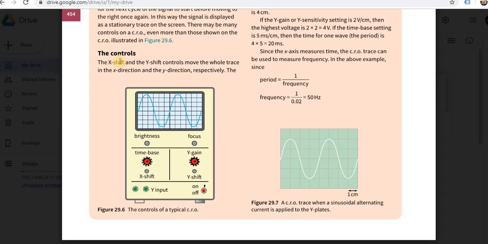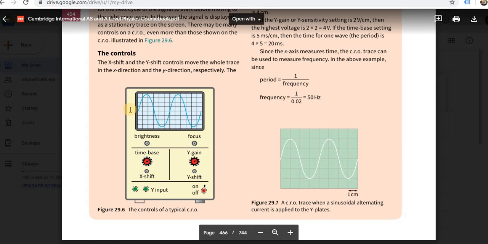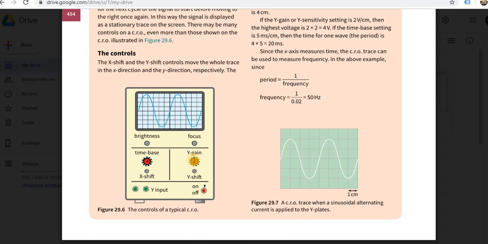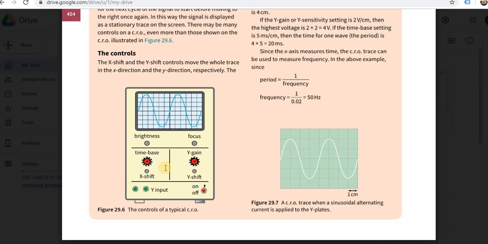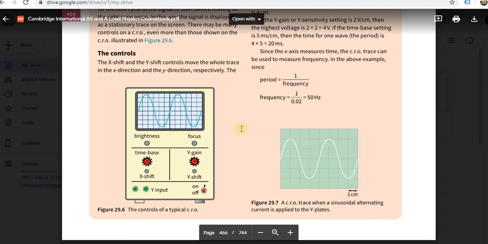See the controls, that's what you need to know basically, this one and this one. You can also download apps for the cathode ray oscilloscope to your Android or iPhone, and start using them so that you get familiar with the cathode ray oscilloscope.